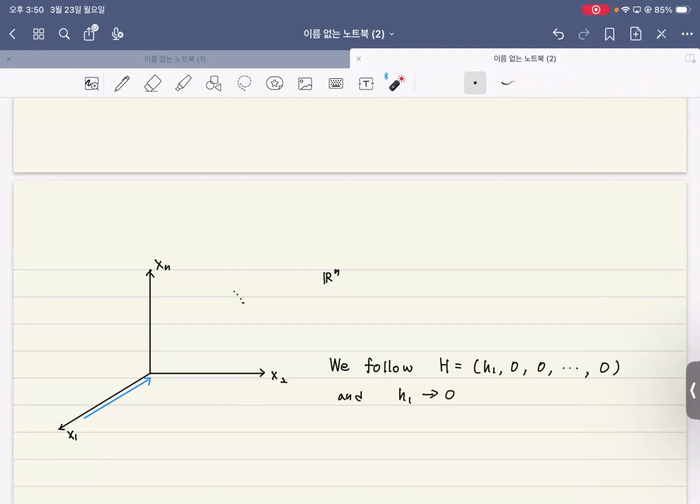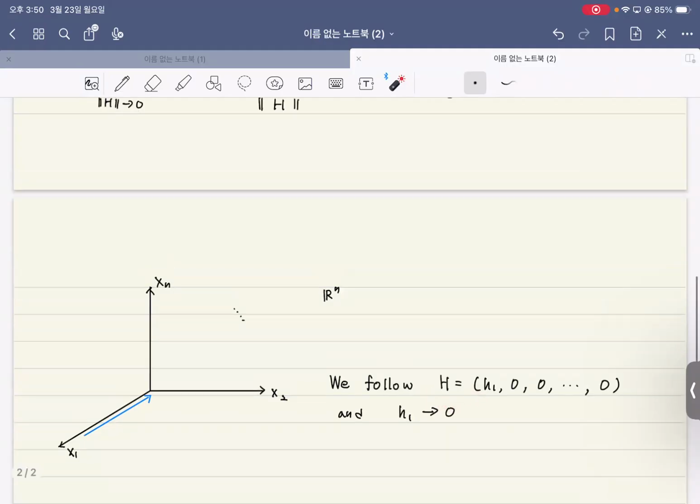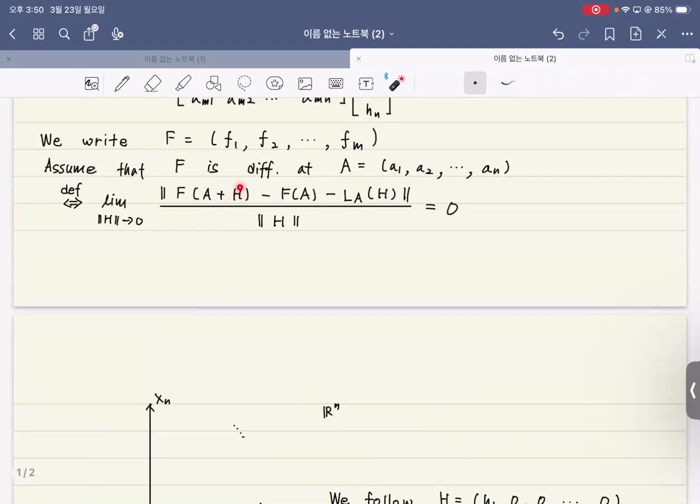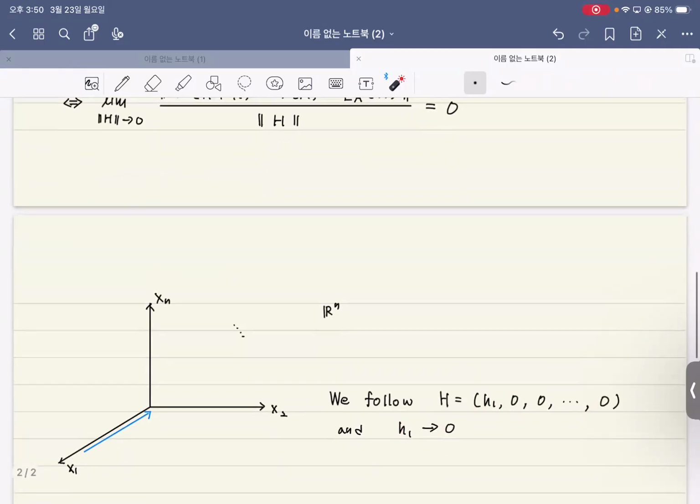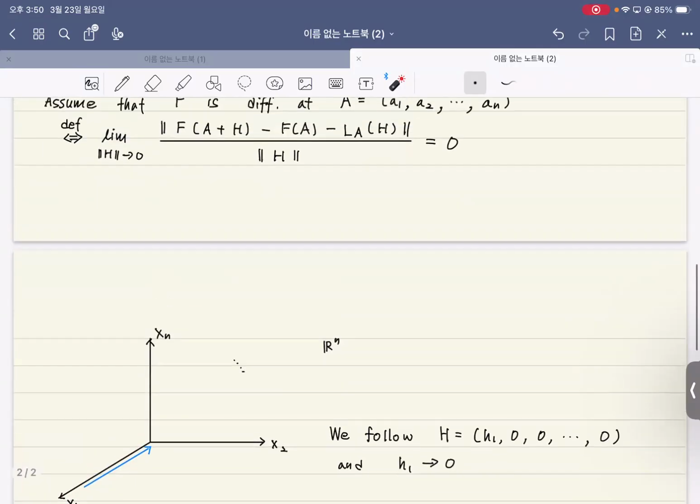By replacing this H by this guy, these are n-dimensional vectors, and H1 tending to 0 means that we are about to consider the route along this x1 axis. However, in this case, the limit should also be 0, right?